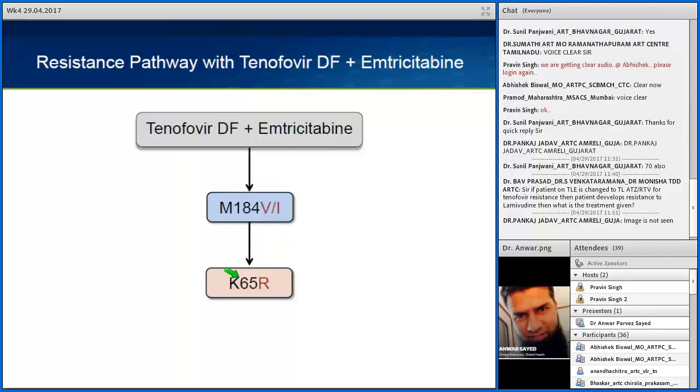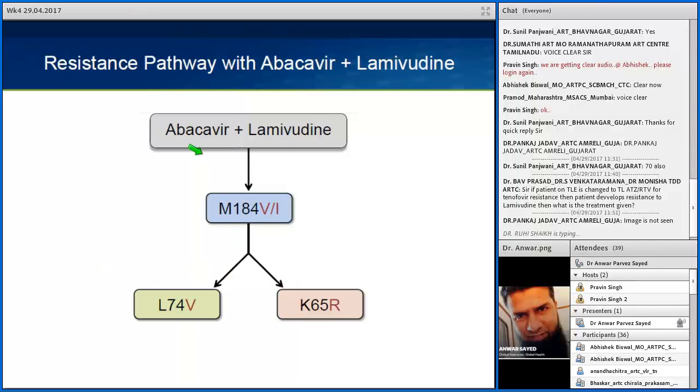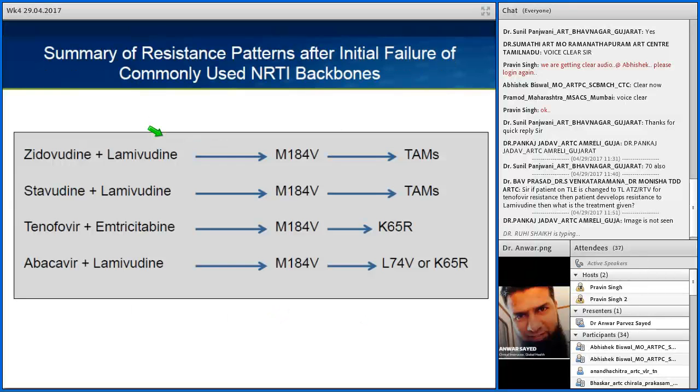We have discussed this before, and then the patient will have K65R, which is specific for Tenofovir. Similarly, Abacavir Lamivudine: 184V, K65R, L74V. Here we also said that if a person has K65R, they will have resistance to Tenofovir, and also low level resistance to Abacavir.